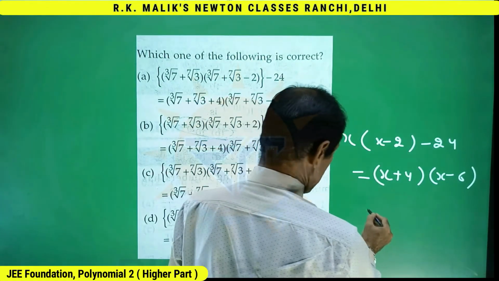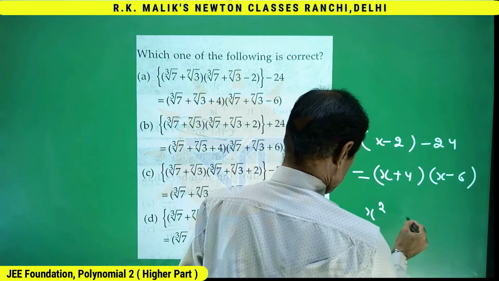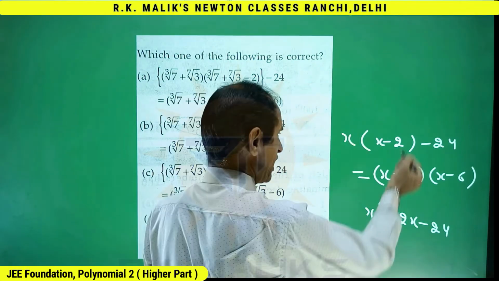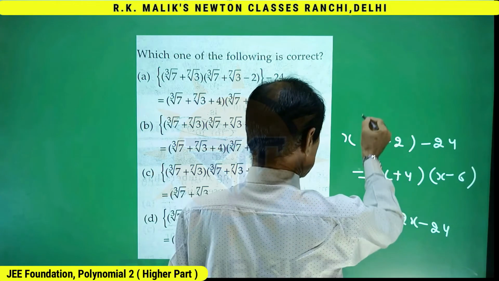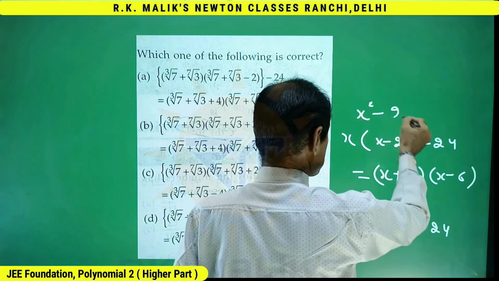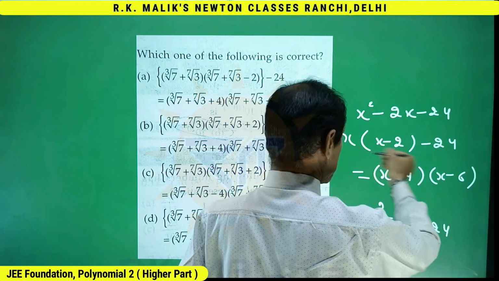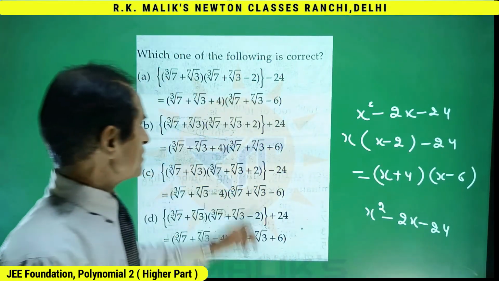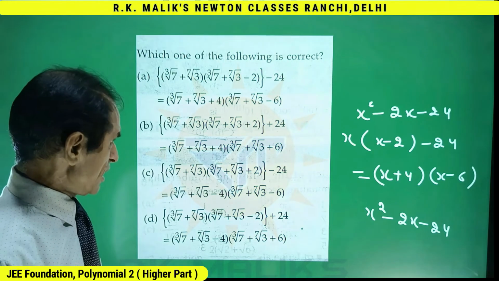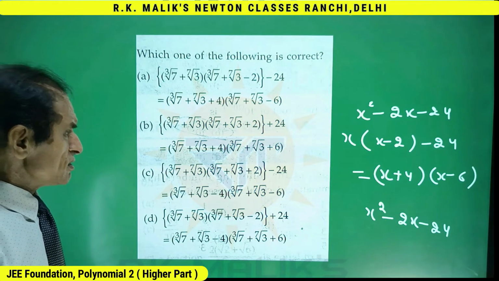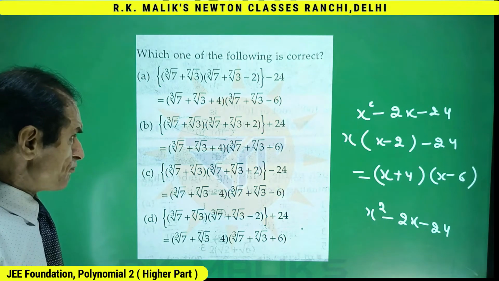Clearly right hand side is x square minus 2x minus 24, and left hand side is also the same, x square minus 2x minus 24, if you multiply these two. That is, you can say first choice is correct. But still for clarity purpose I will check the other choices also.